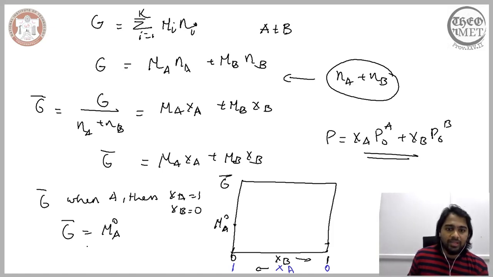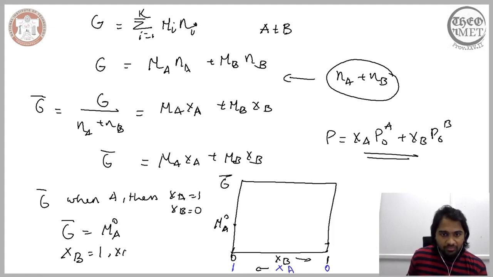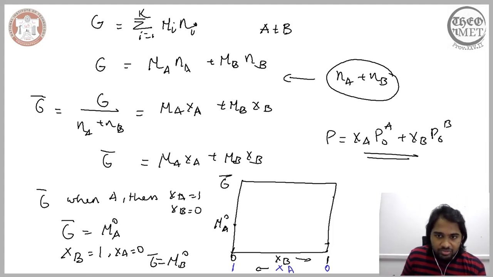In the same way we can have a solution that comprises exclusively of B alone. In that case xB will be equal to 1 and xA will be equal to 0, and the corresponding Gibbs free energy per mole of the solution will be mu B naught. Let us assume that this occupies a position on the right extreme, something like this.